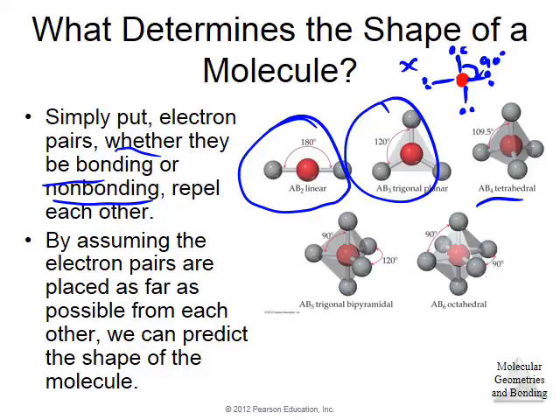So the best structure is going to look like this. Let me draw it again. I have little space on the left hand side, so I'm going to use that space. The central atom is red, and then I'm going to show you four pairs: one pair, two pair, three pair, four pair.